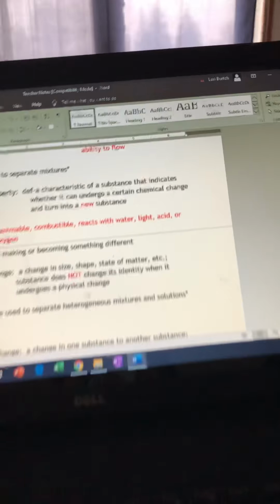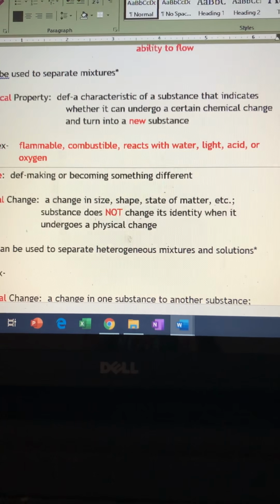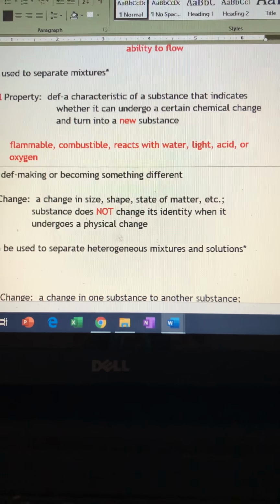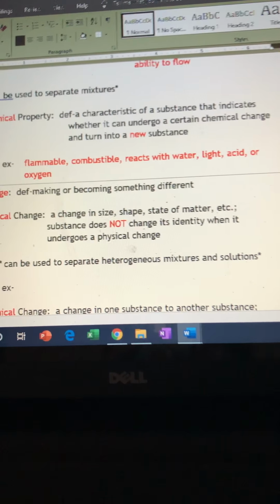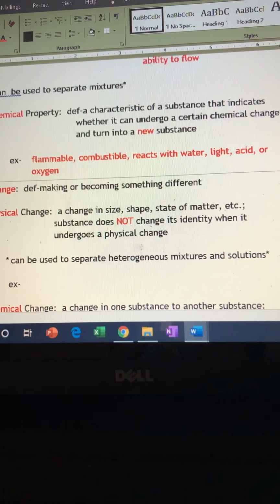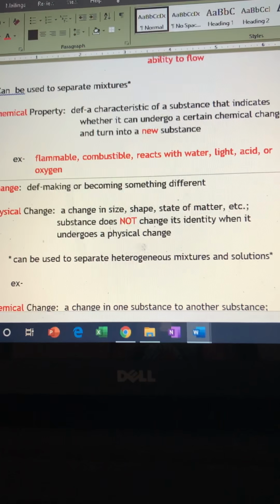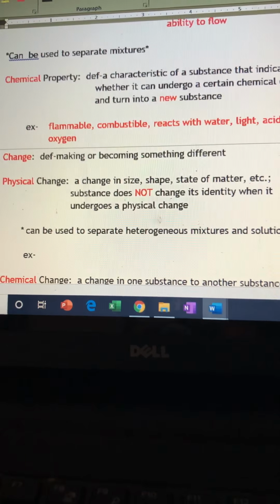All right, so when you have a chemical property, it indicates whether it can undergo a certain chemical change, not that it does, okay? But if it can undergo a certain chemical change and turn into something new, then that is a chemical property.